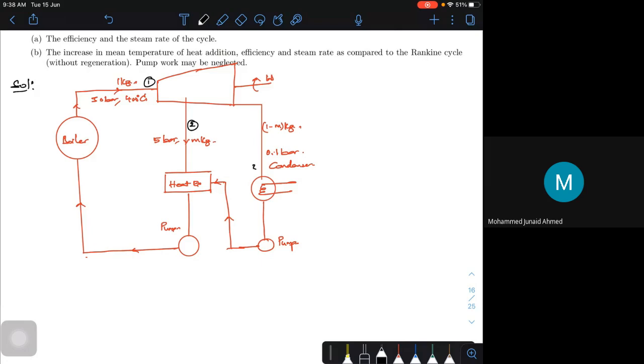What comes out of the turbine to the condenser is 3, then the condenser exit is 4. Then I have a pump, which is 5. Then whatever heat is getting added here is 6, and whatever is going into the boiler is 7. So I have each and every point written over here. This is a simple diagram.